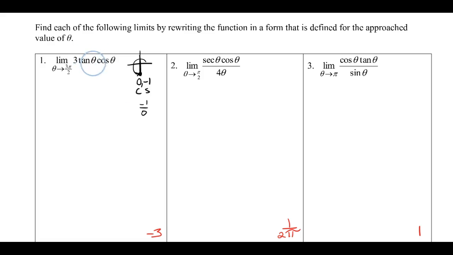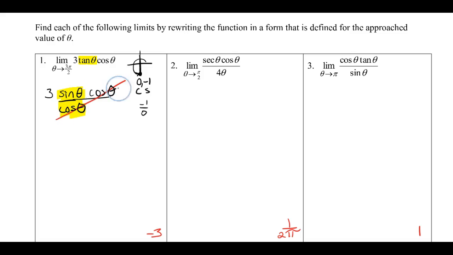So I need to somehow get rid of part of this tangent. I'm going to start by expressing tangent as sine over cosine. So I have 3 sine theta over cosine theta times cosine theta, remembering that my tangent here became my sine over cosine. This now lets me cancel my cosines, because the cosine being in the denominator, that's what's causing me the problem.